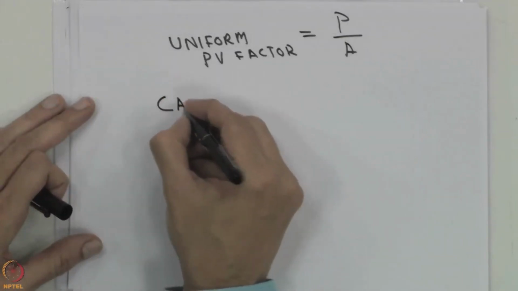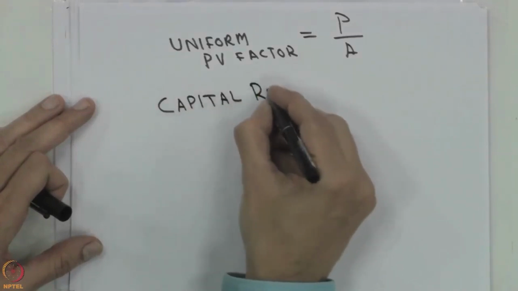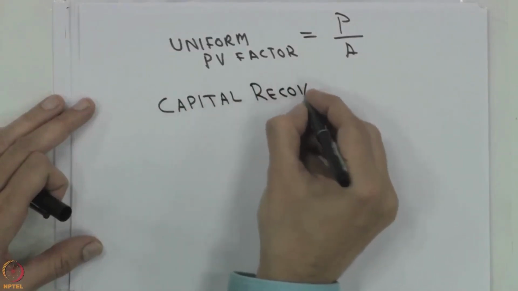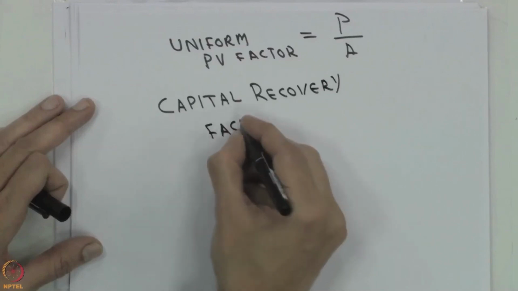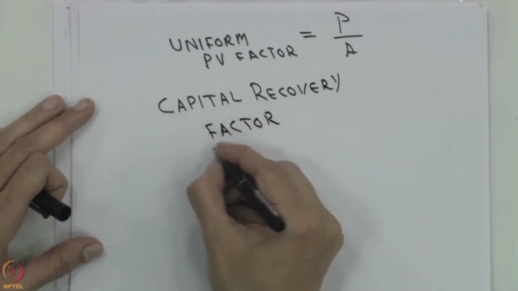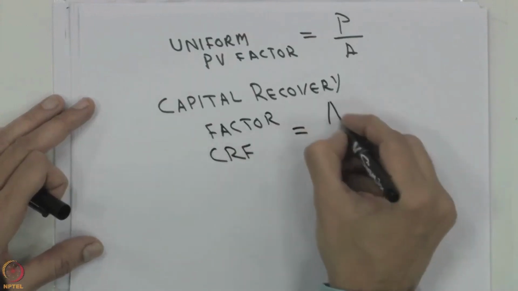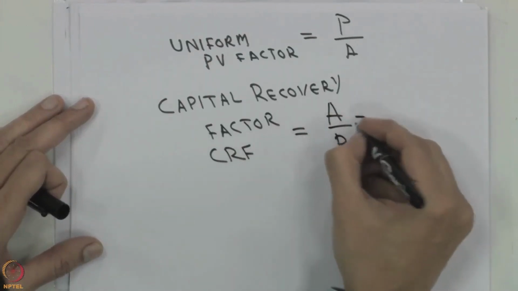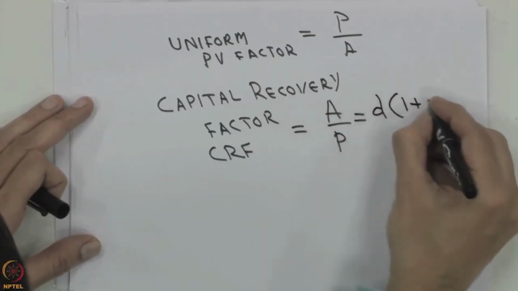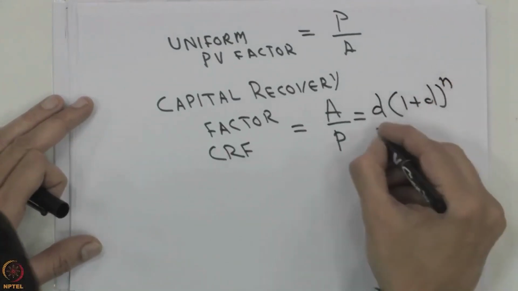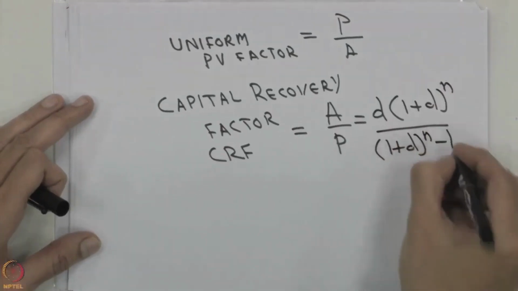That is the factor that we will be using in most of our calculations. Capital recovery factor, also known as CRF in short form, is A by P, which is D into 1 plus D raised to n by 1 plus D raised to n minus 1.